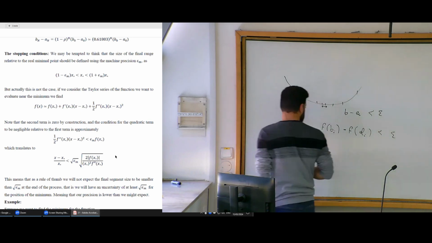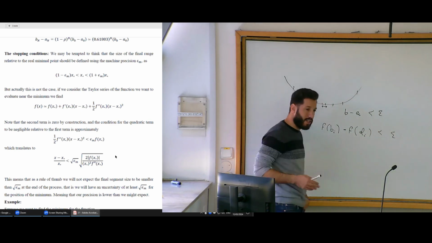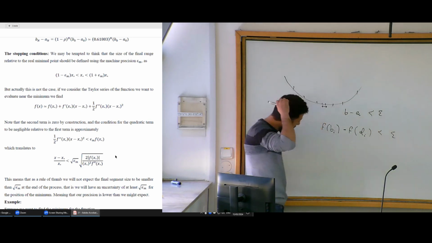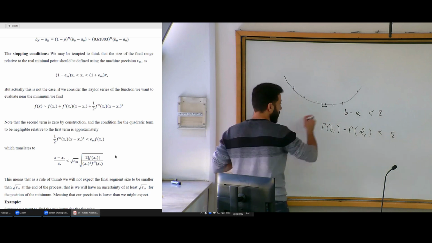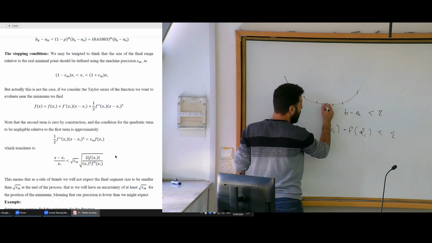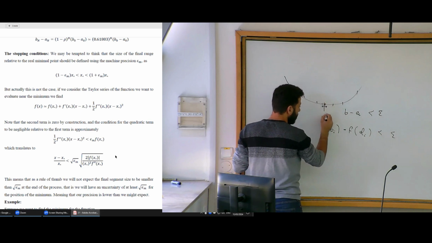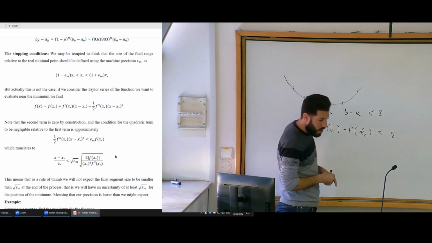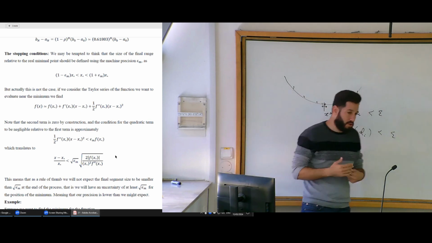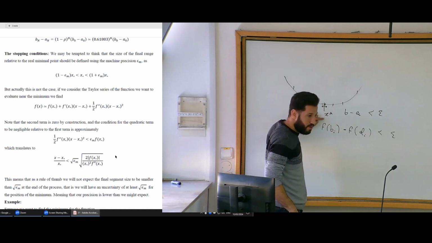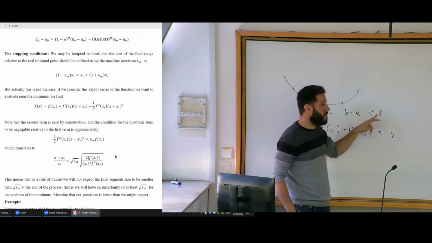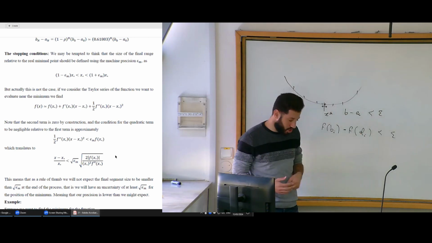And you might think that the x you find will be far, so let's say that this is the minimum, and you might be tempted to think that it's far from the real x or the real minimum by some accuracy of the machine.